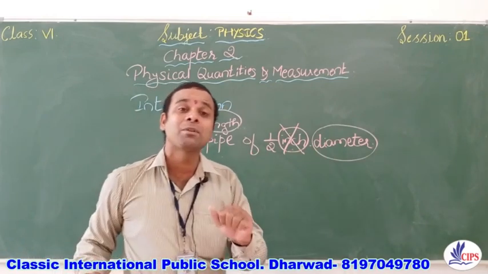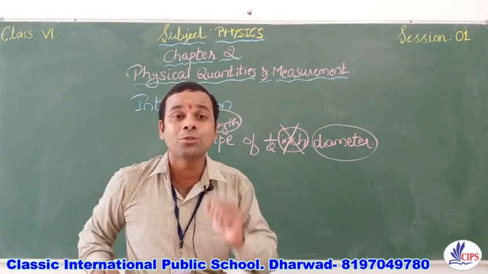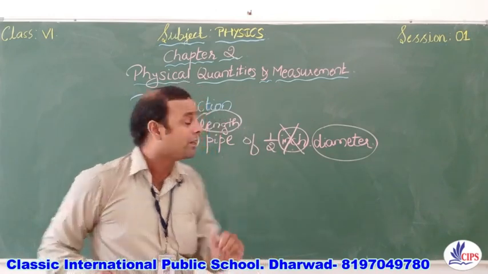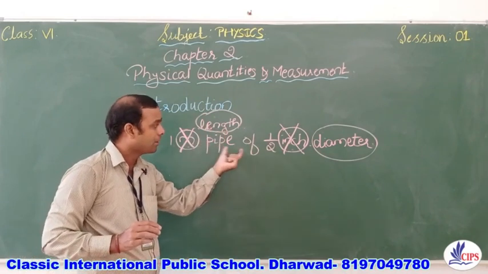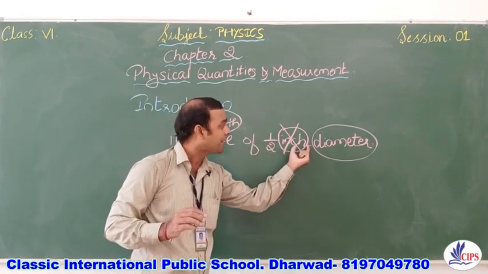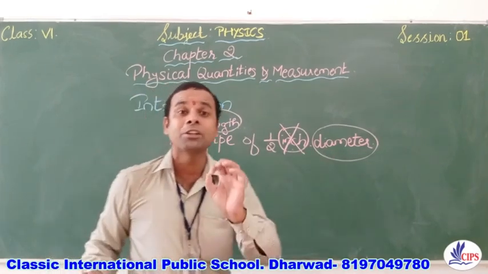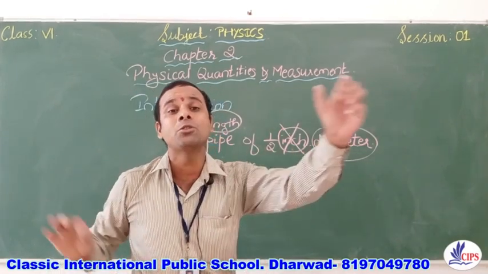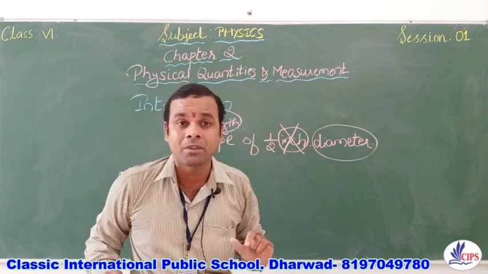What is this person supposed to give you? He will not understand what you actually want. If you say 1 meter length of the pipe which has half-inch diameter, then he understands that value and gives you 1 meter pipe of half-inch diameter.